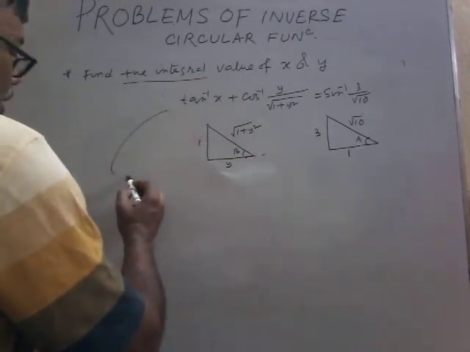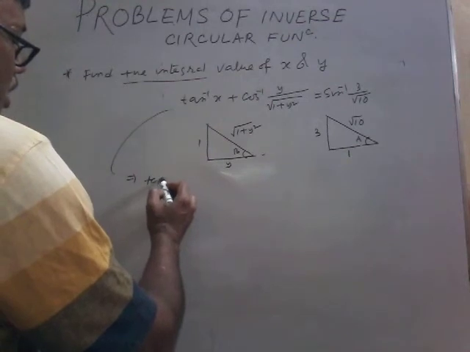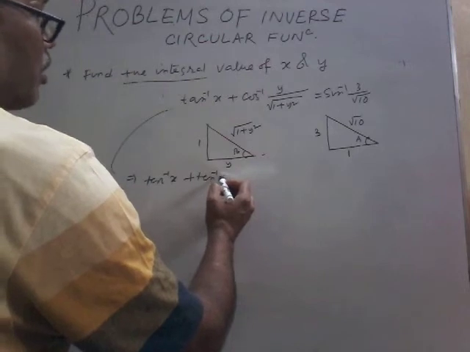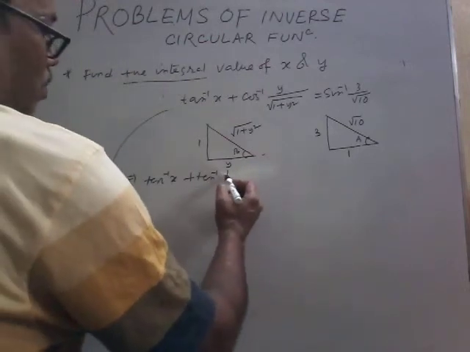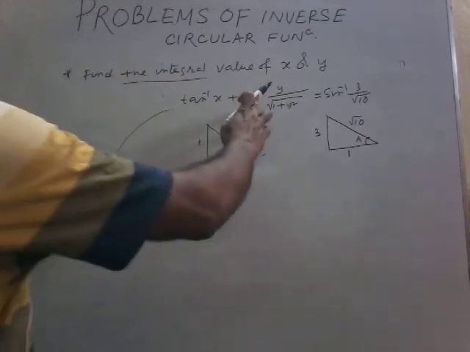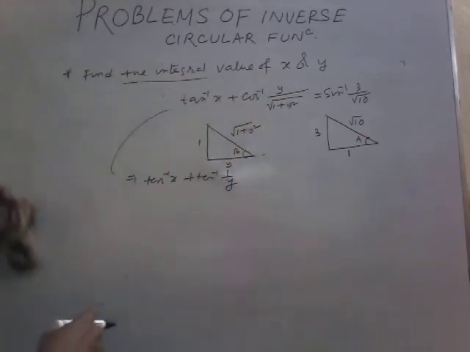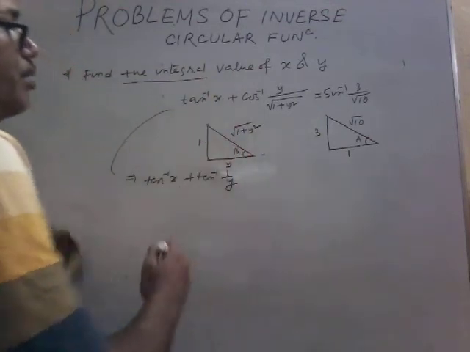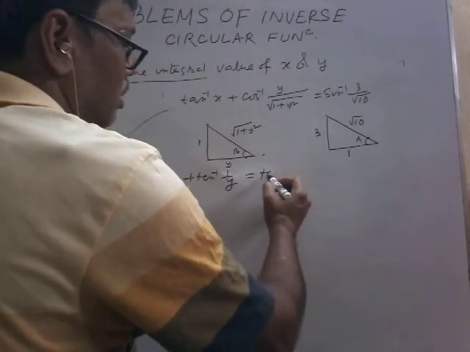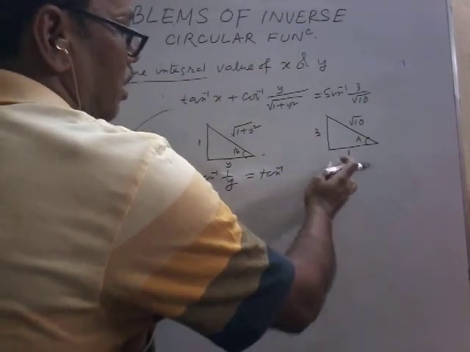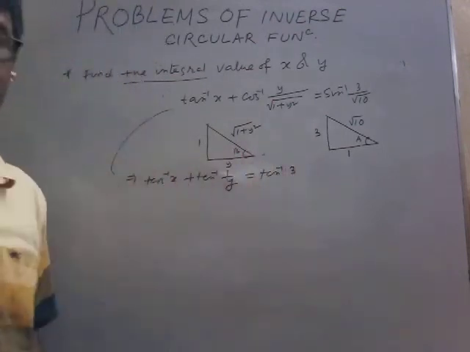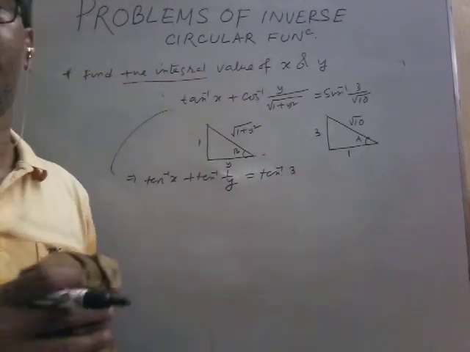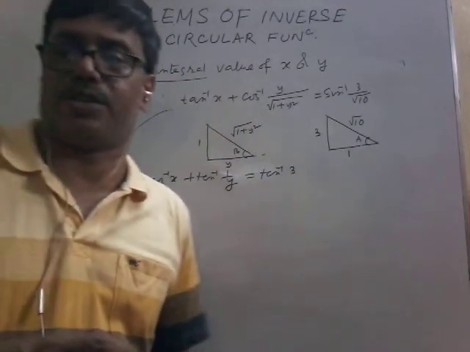So write tan inverse x as it is. This one is tan inverse 1 by y. Look, cos inverse, so you want to transfer it in terms of tan inverse: perpendicular by base. And what is the last one? Tan inverse 3 by 1, so tan inverse 3. So this is our main aim: express it in terms of the same trigonometric ratio.